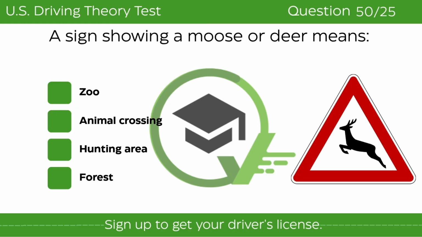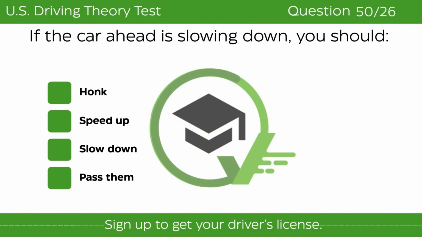Question 25. A sign showing a moose or deer means B. Animal crossing. Question 26.